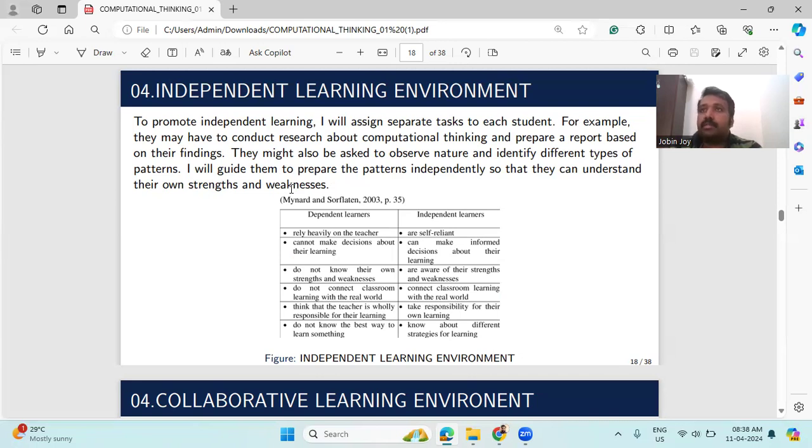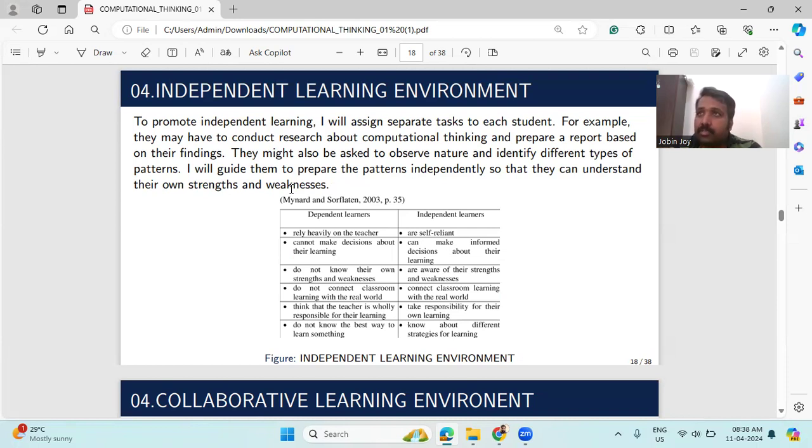Responsibility is a very important and complicated term. Every time we are saying the term responsibility, but it is very complicated when we are dealing with the students' teaching-learning process. The majority of students are not taking the responsibility completely. They think the teacher is completely responsible for the learning.